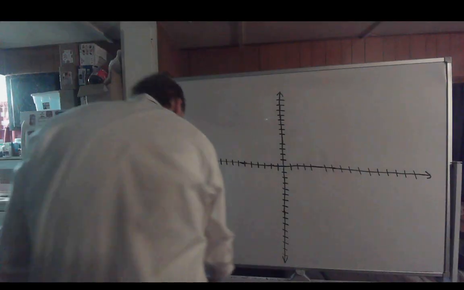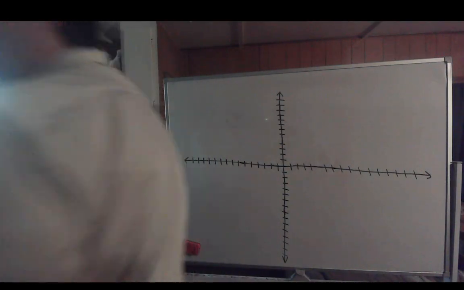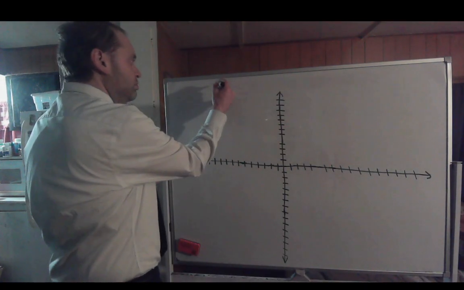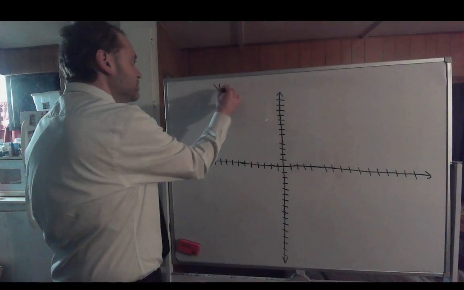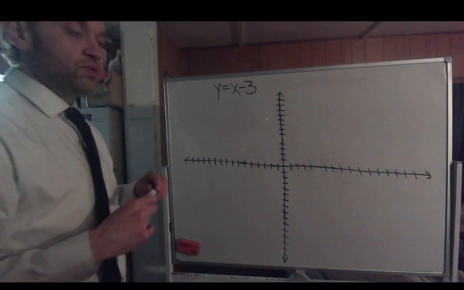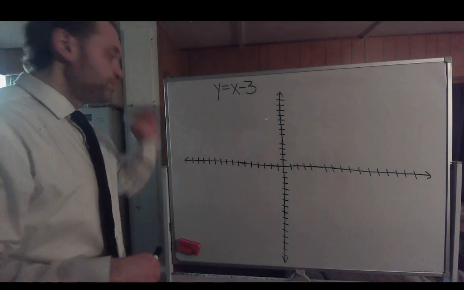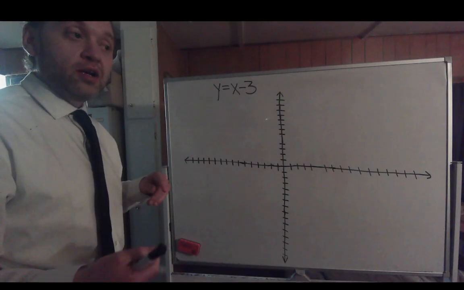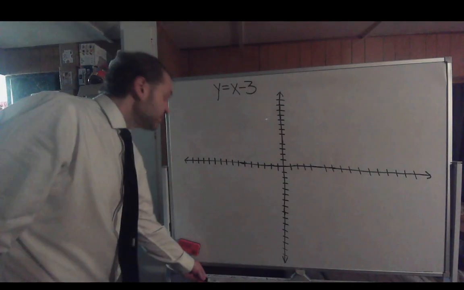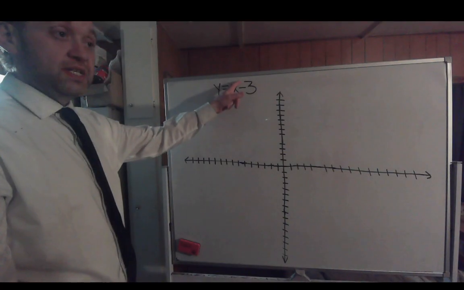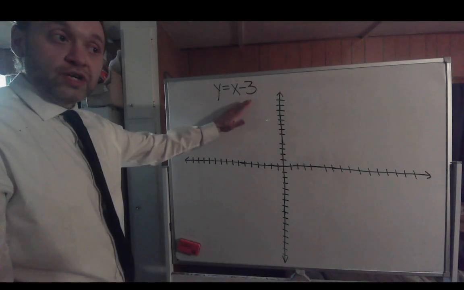So let's graph a few functions here. Let's say we have something like, what about y equals x minus 3? We just want to graph y equals x minus 3. Well, in general, it's good to find a couple points and plot them and then connect those dots. As we see, this is definitely a linear function. X is only to the first power. That's the highest degree of the equation.